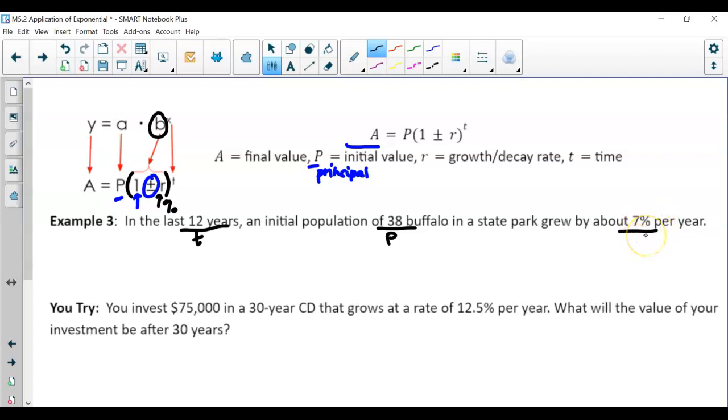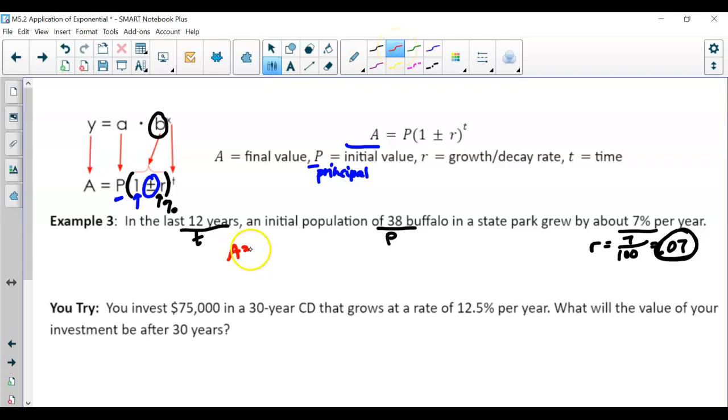So here we need to first figure out what is our rate. So our rate is 7%, right? But divided by 100, because that's per 100, which is actually 0.07. So that is the rate. So 7%, 0.07. So now we're going to solve for the final amount.